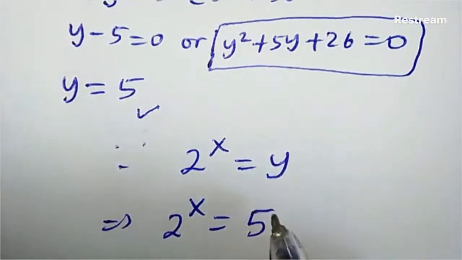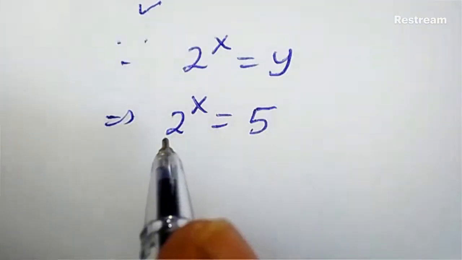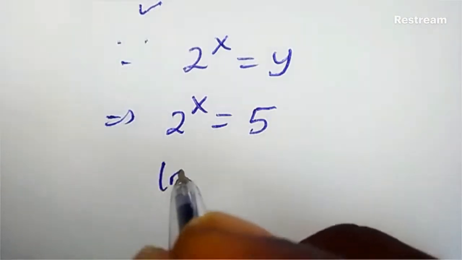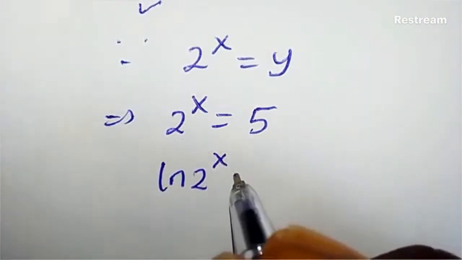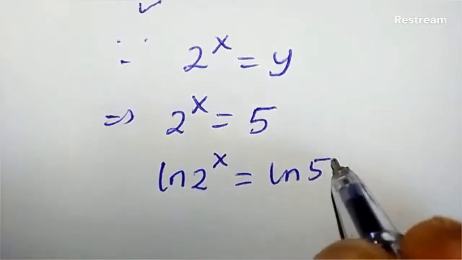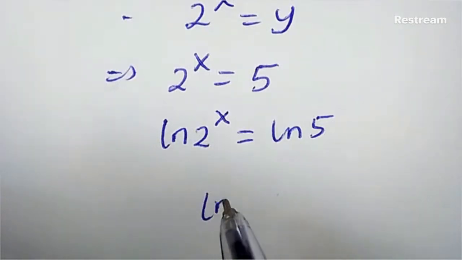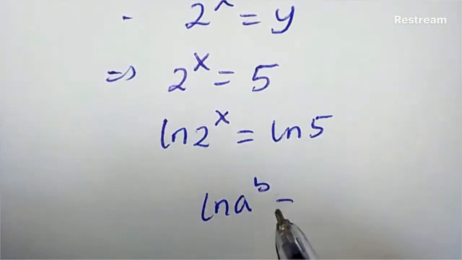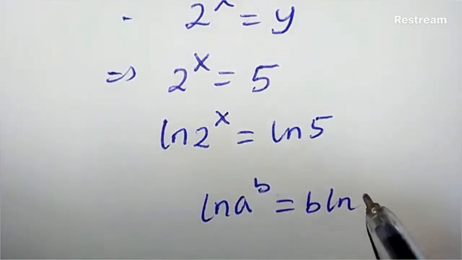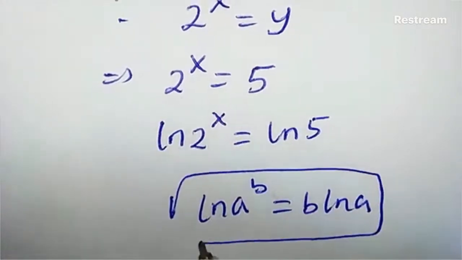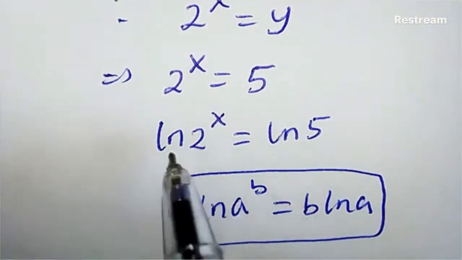y is 5. Taking the natural logarithm of both sides, that will be ln of 2 to the power of x is equal to ln 5. From the laws of logarithm, whenever we have ln a to the power of b, it is simply the same thing as b times ln a. Let's apply this property to the left hand side.